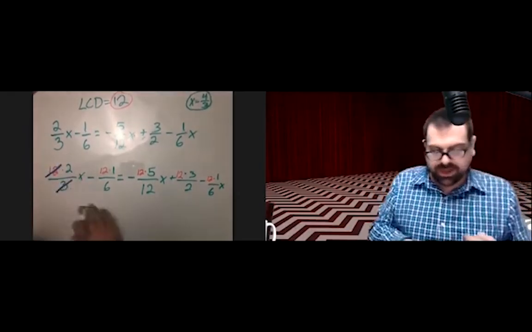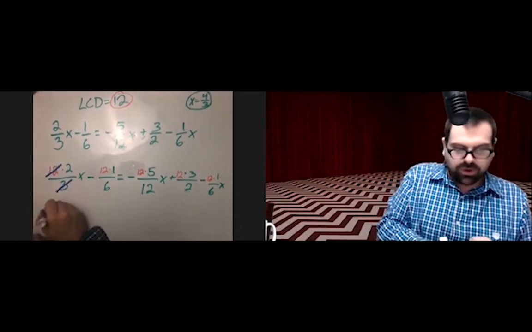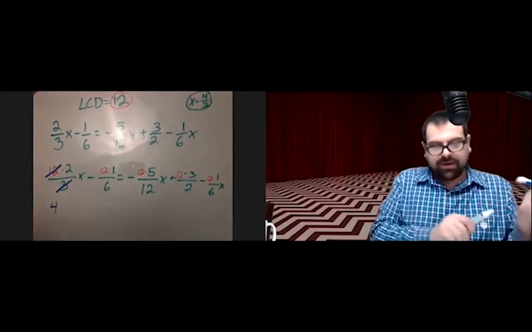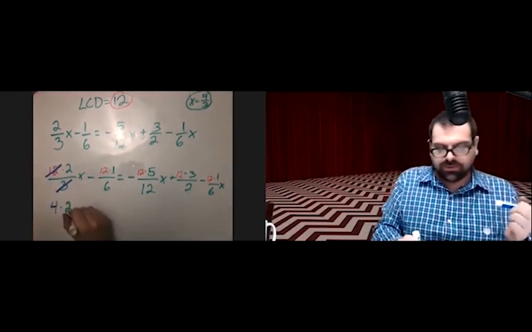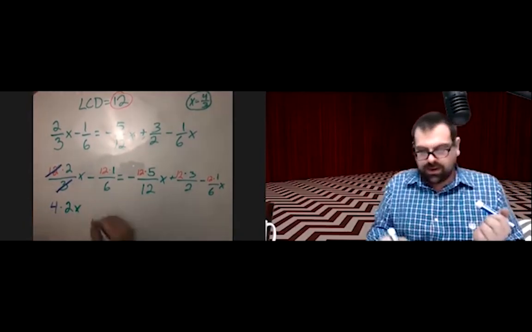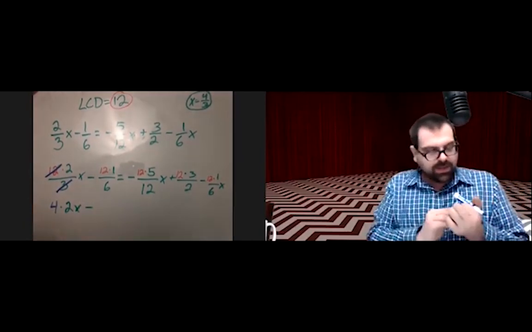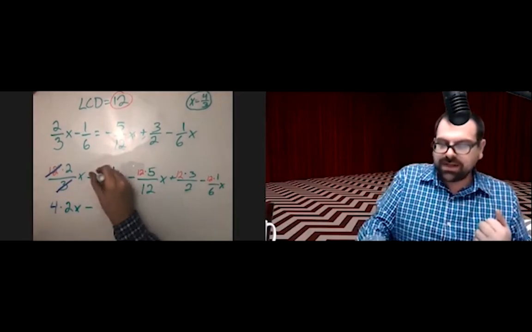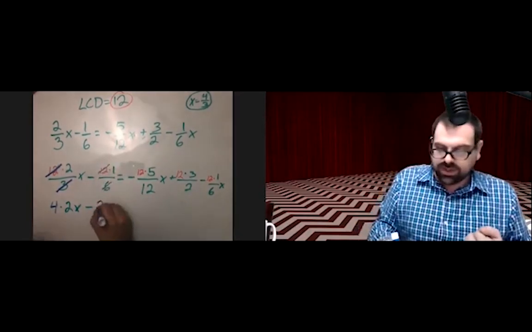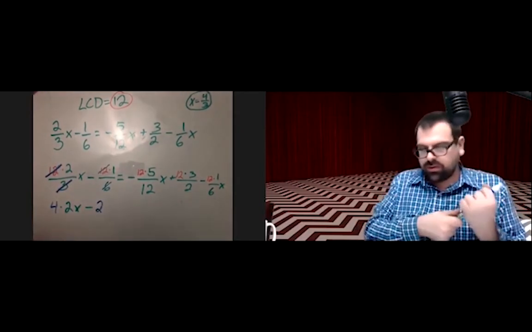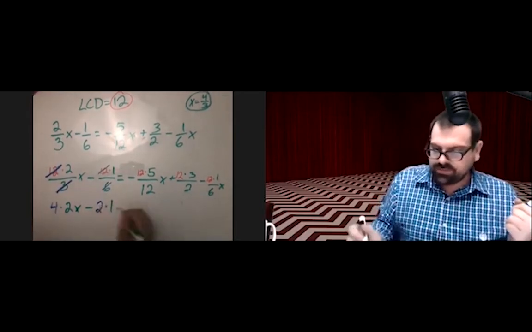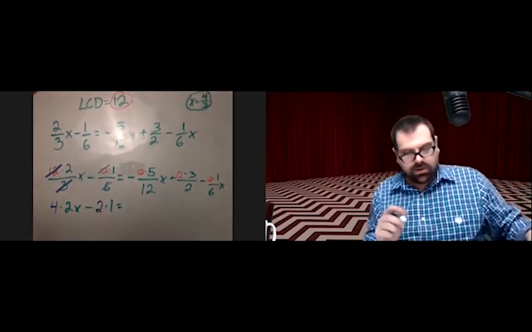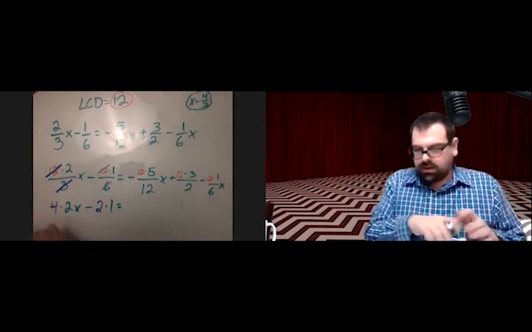I'll use blue for the canceling here. 12/3, that's going to be 4 times 2x. And then we have a minus 12/6. 12 divided by 6 is 2. So that's going to be a 2 times 1.